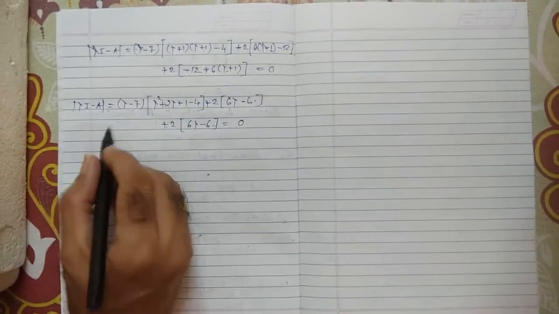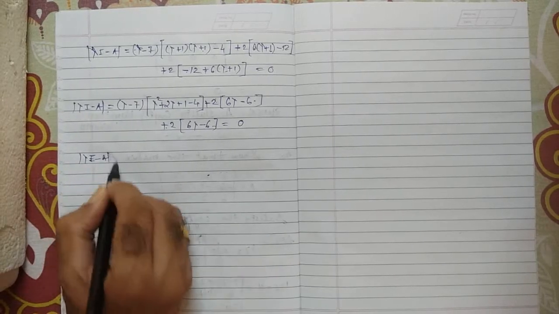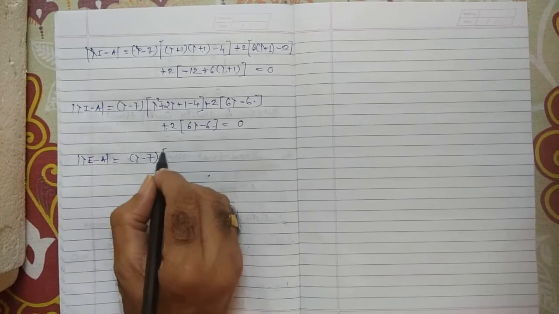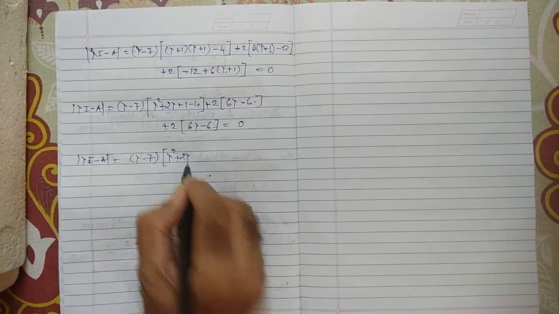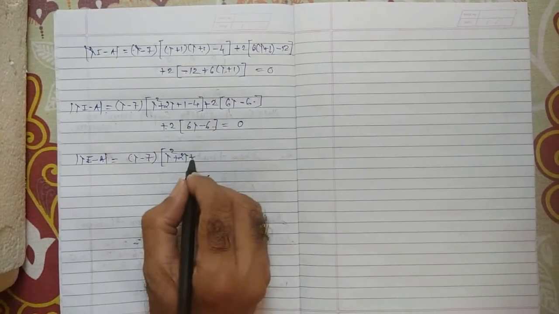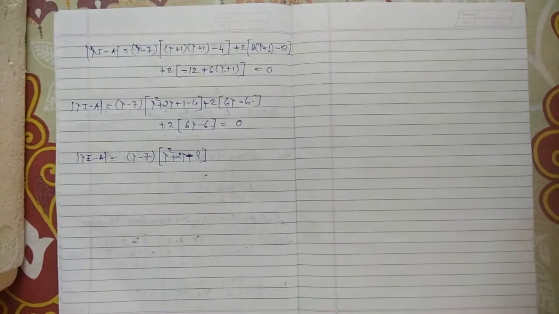So we can write lambda I minus A equal to lambda minus 7 in bracket, this becomes lambda square plus 2 lambda plus 1 minus 4, so this becomes minus 3.